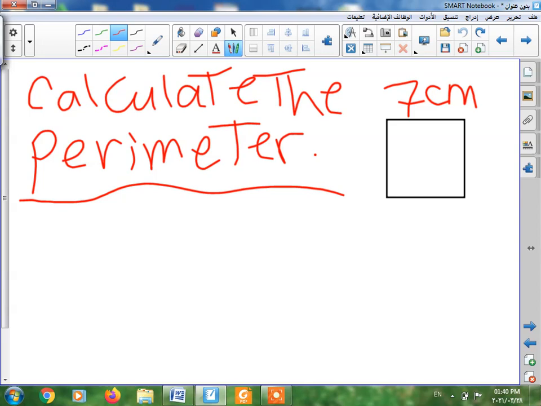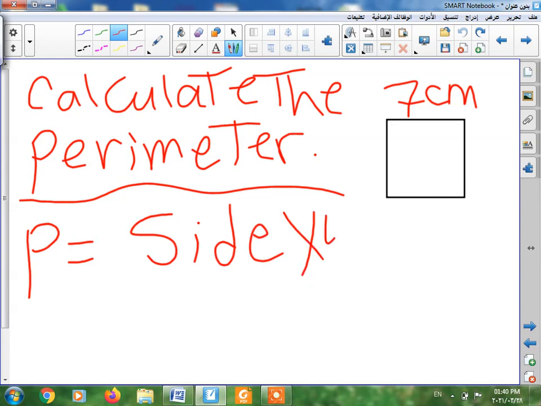How do we write the perimeter of a square? Perimeter equals side length times 4.